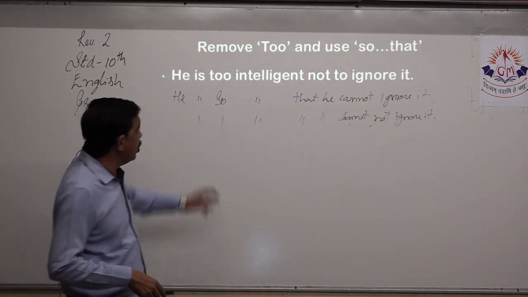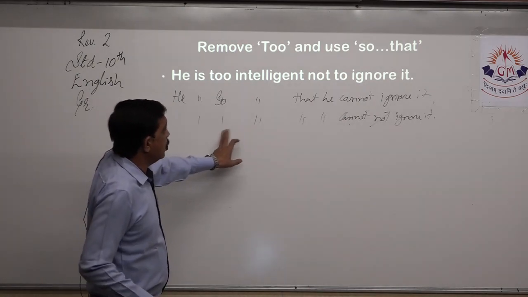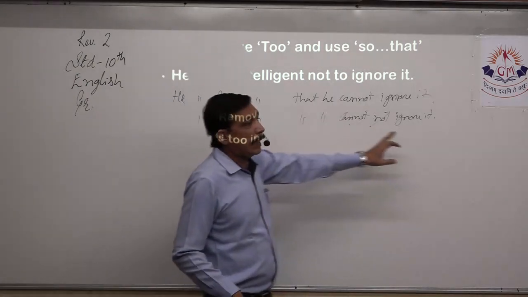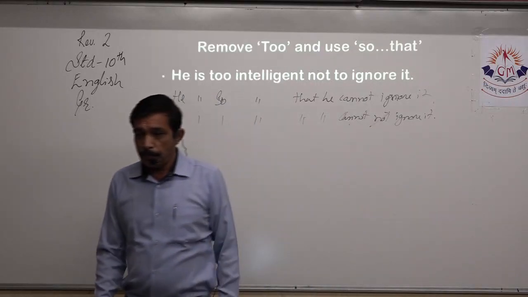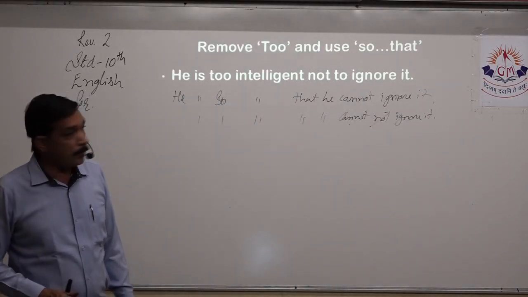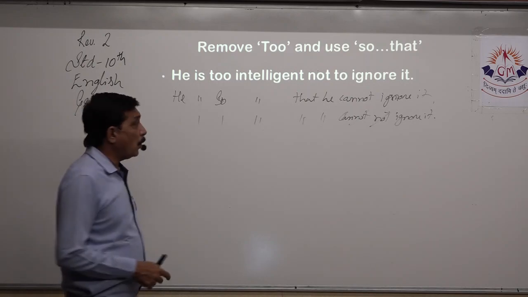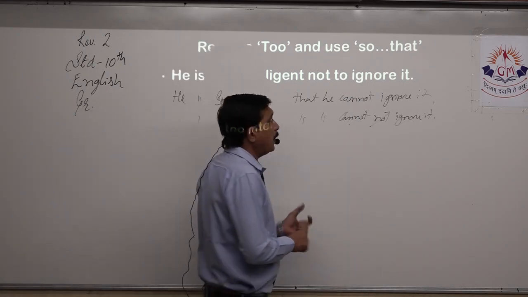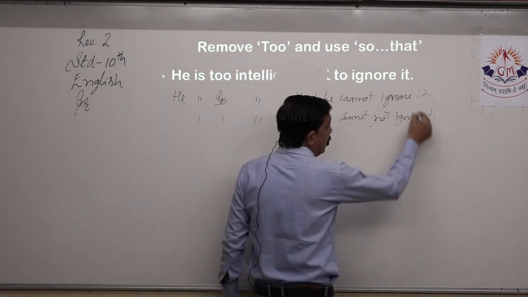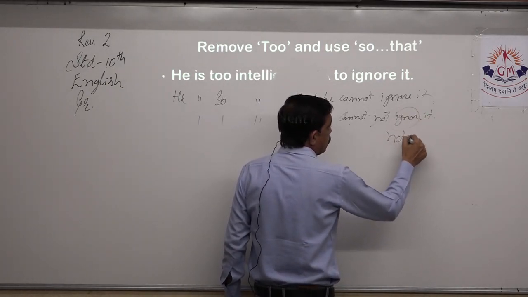Now what's going to happen? He was so intelligent that he can ignore it. If you are intelligent, can you ignore? No. When we are removing two negation, we have to make opposite. That is, antonym of ignore is notice.